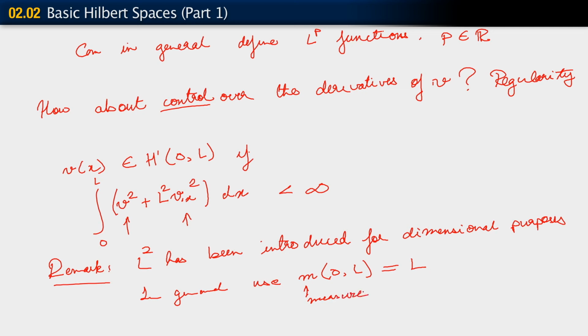Okay, in one dimension, the measure of a domain is simply the length. Well, actually, instead of just saying the measure, it's got to be the measure to the power 1 over d, where d is the spatial dimension.